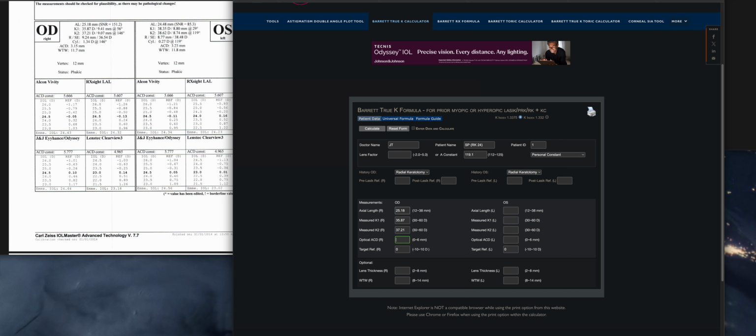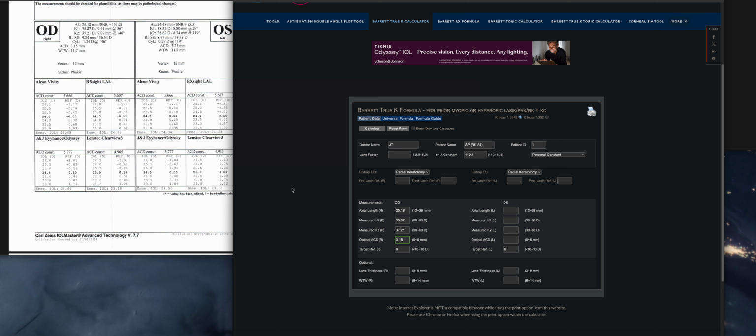You can see it's not asking for the axis for the K1, K2, because this is not a toric calculator. If I actually wanted to use the toric calculator later, I would go to this Barrett II Toric Calculator. Right now, just for the sake of practice, we're just going to use this one.